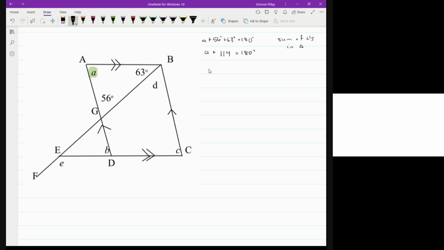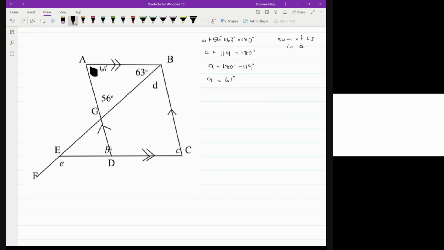And then A equals 180 minus 119. And then A equals 61. So therefore, A equals 61. Beautiful. Thank you very much. You're welcome, ma'am. So we have now solved our A, and A is 61 degrees.